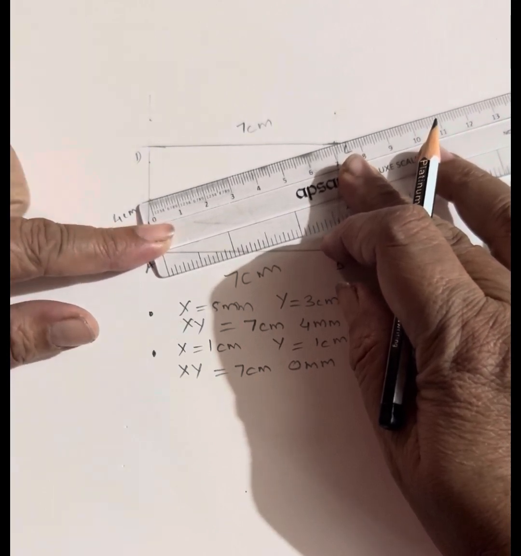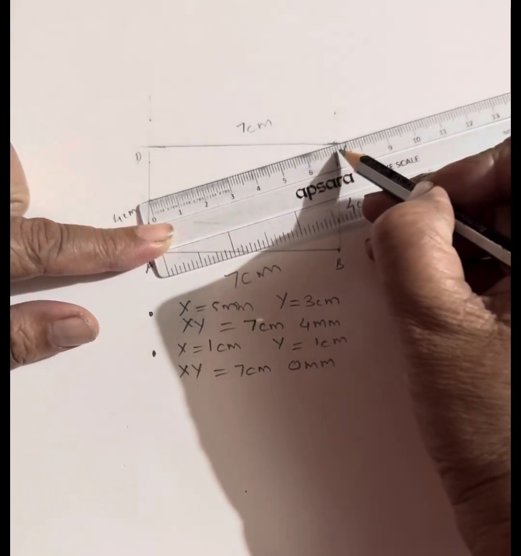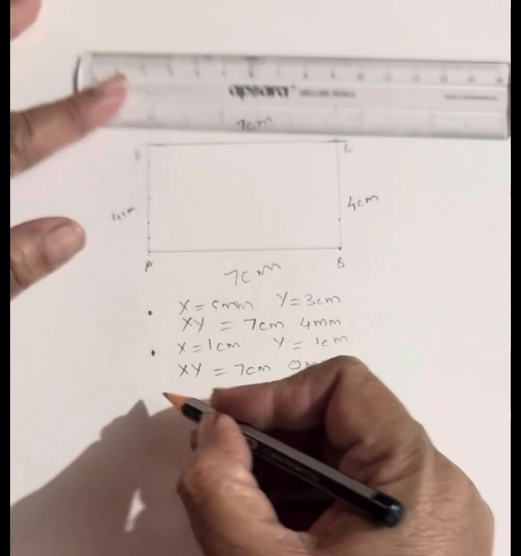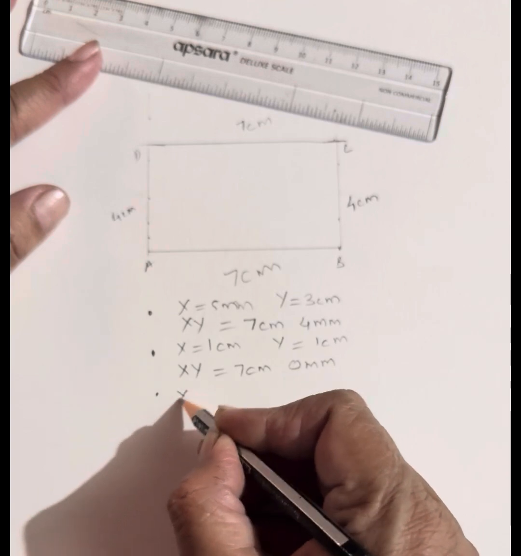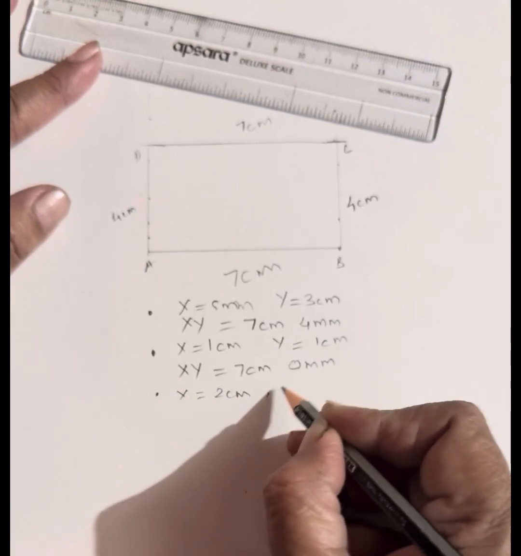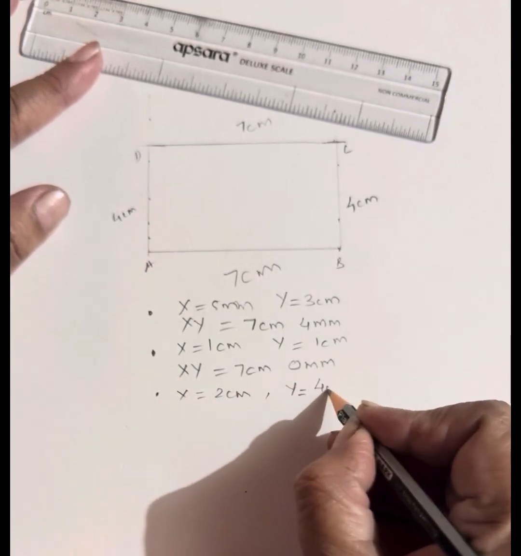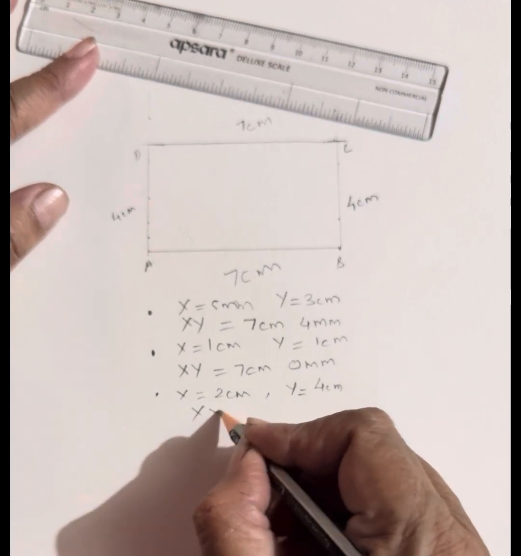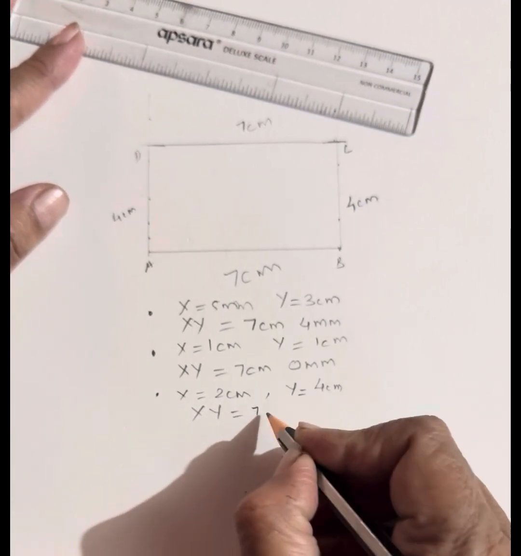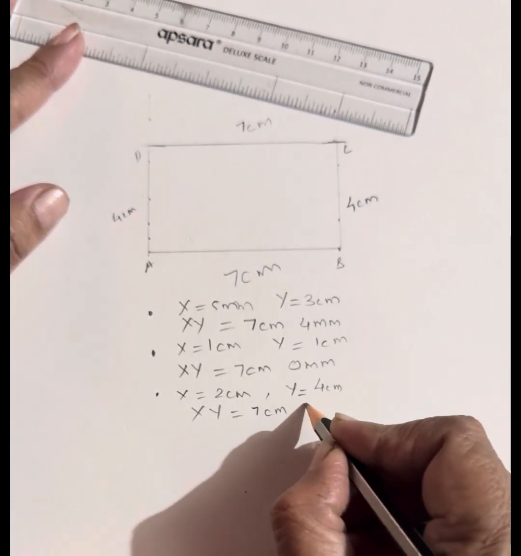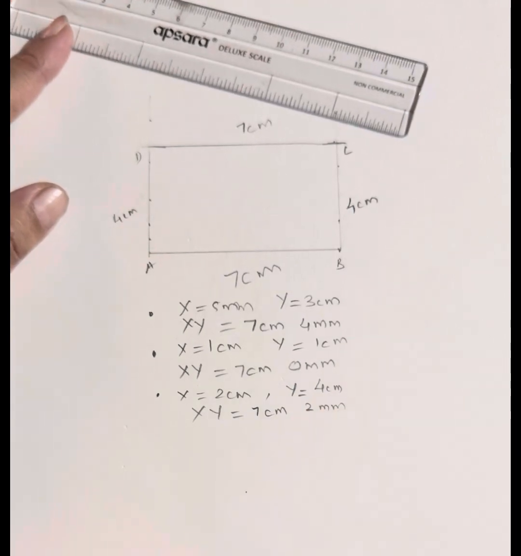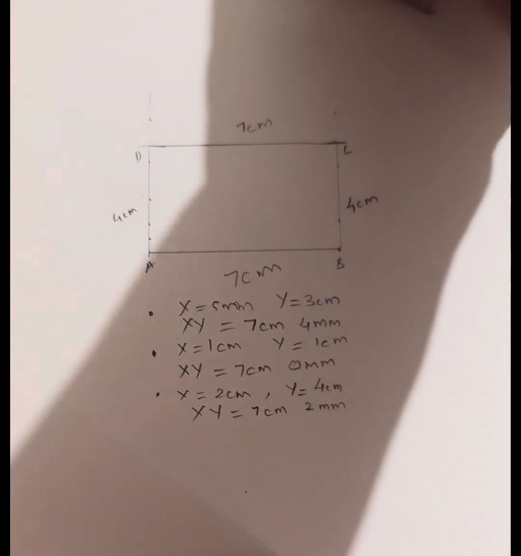It is around 7.3 centimeter, right? So when X is 2 centimeter away, Y is 4 centimeter away, then XY is 7 centimeter 2 mm. Right? So these are the answers to the questions which are asked.